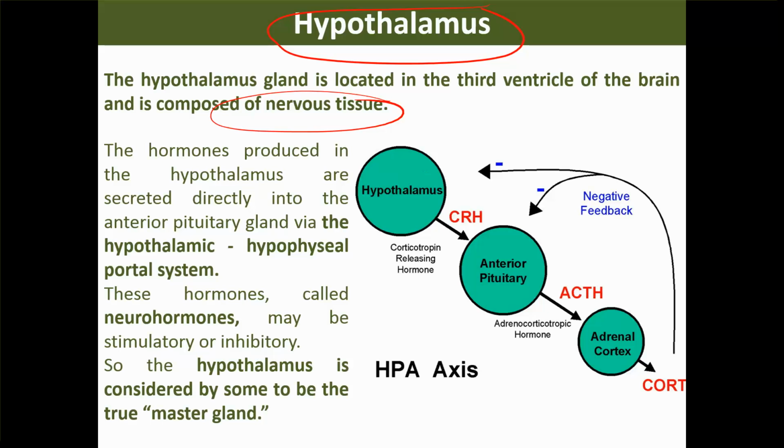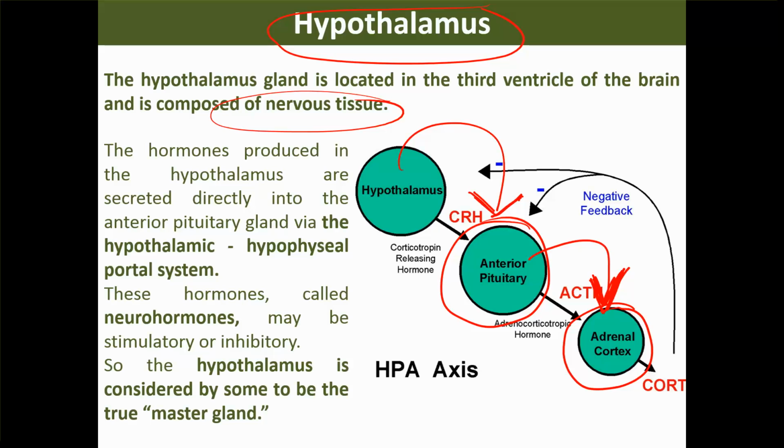So actually the role of hypothalamus in endocrinology is that it is like a master which dictates the other glands. This hypothalamus secretes neurosecretory substances that control the anterior pituitary and stimulate the anterior pituitary to release a hormone which will go and act on another endocrine gland.